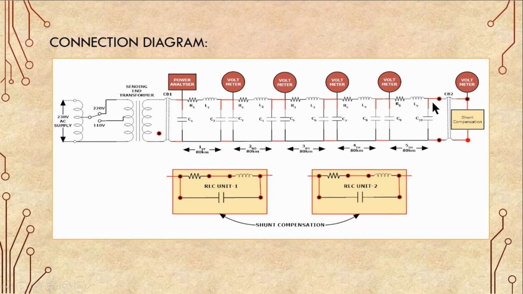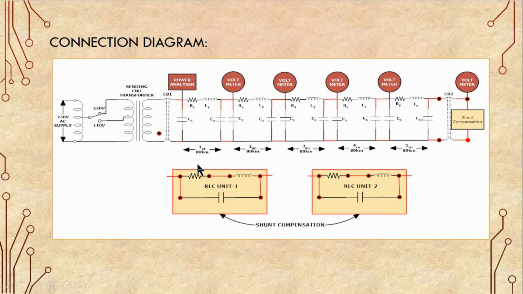And here at the secondary, or at the output of circuit breaker 2, we have to connect the shunt compensation, and the shunt compensation is like RL in series and C in capacitance. Wherever we require to reduce the voltage, we have to turn on the RL compensation, and wherever we want to increase the voltage, there we have to turn on the C compensation.